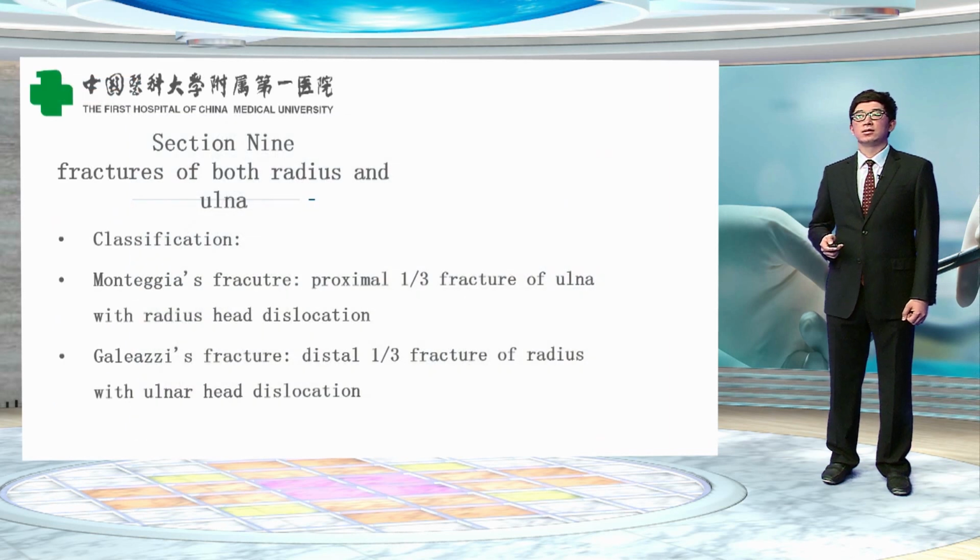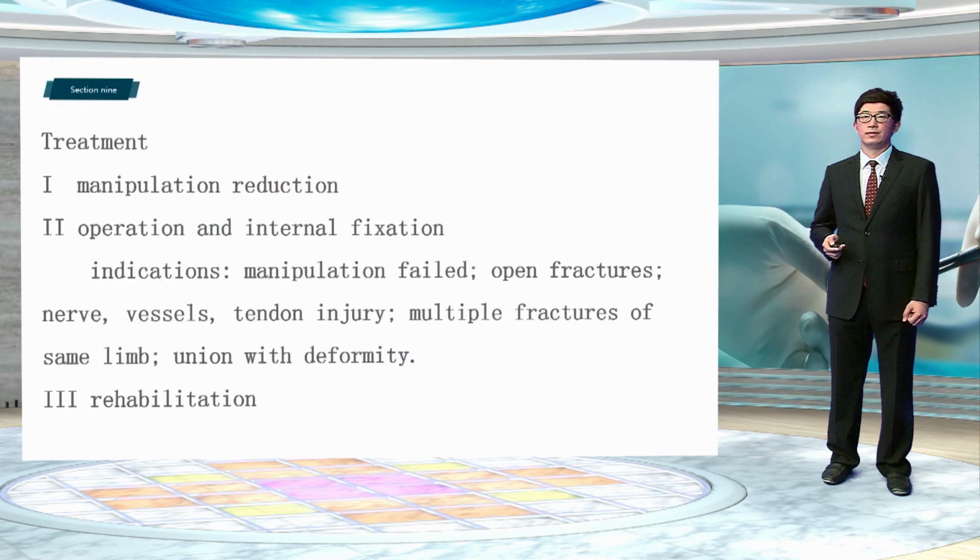Section 9 is fractures of both radius and ulna. For the classification, there are two important concepts. The first is Monteggia's fracture: the proximal 1/3 fracture of the ulna with radius head dislocation. The second is Galeazzi's fracture: the distal 1/3 fracture of the radius with ulnar head dislocation.